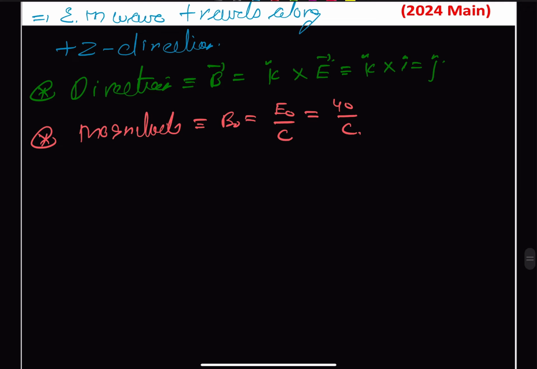Therefore we can write that our magnetic field B is our B naught cos of omega t minus z upon c, and direction is our j unit vector.